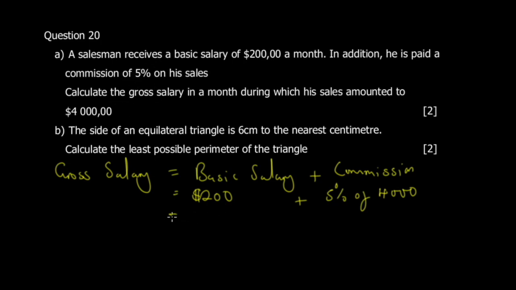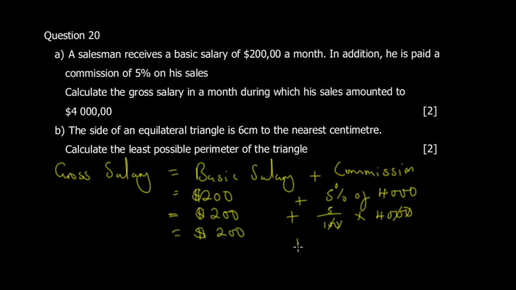We've even done it in one of the question papers that we covered. I think there was a question also on basic salary and gross salary. So 5% means 5 over 100. So multiply by 4,000 like this, and you just cancel stuff, and here you get 200 again.